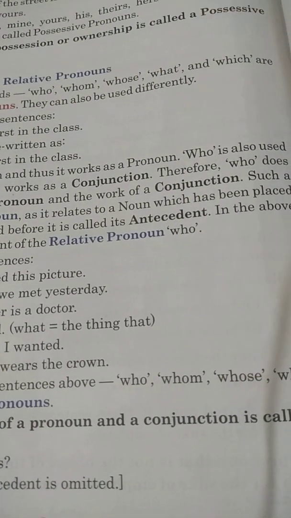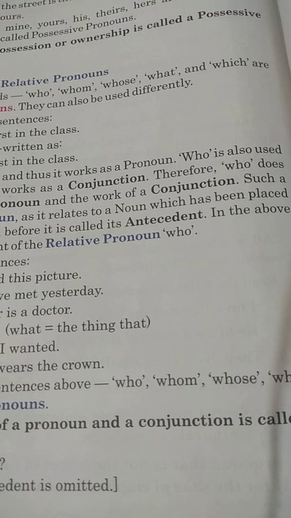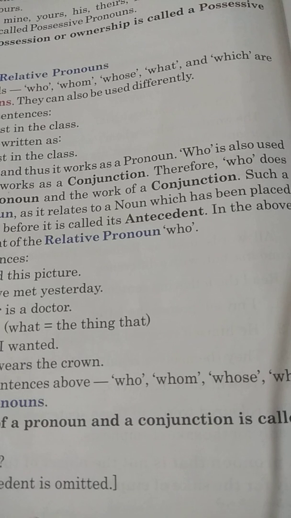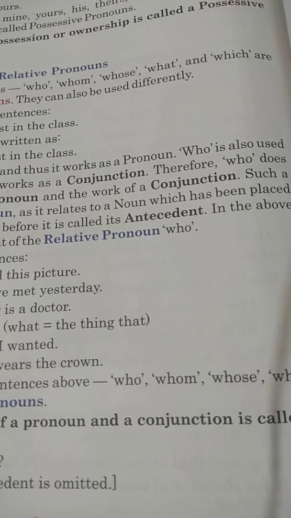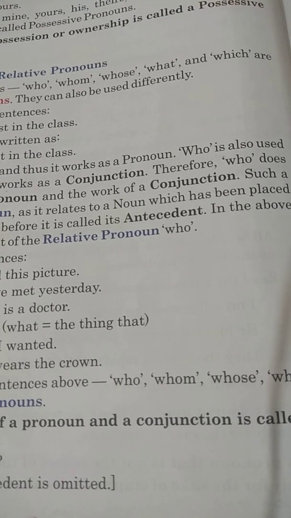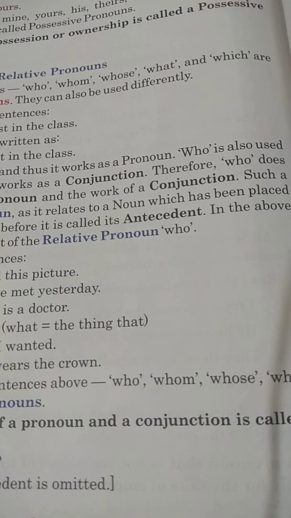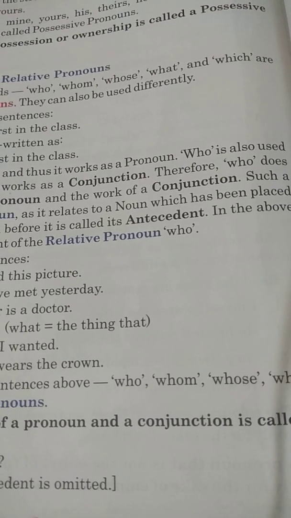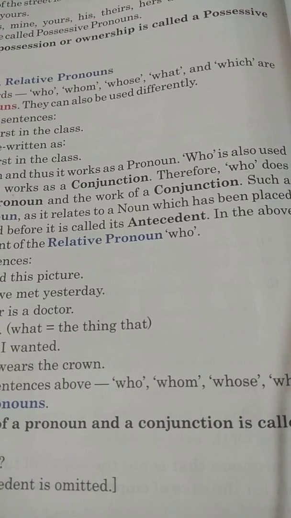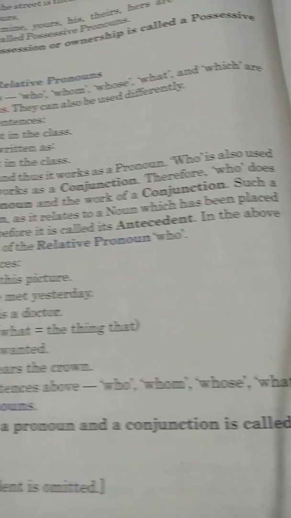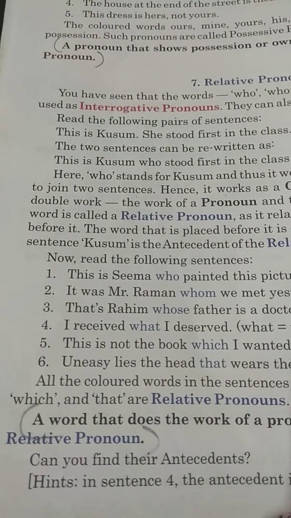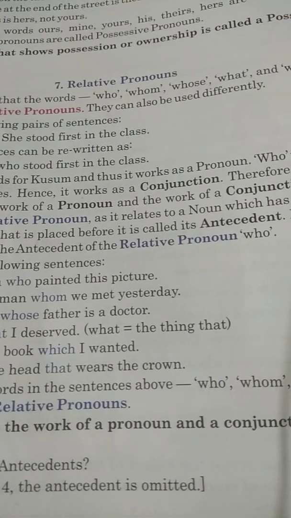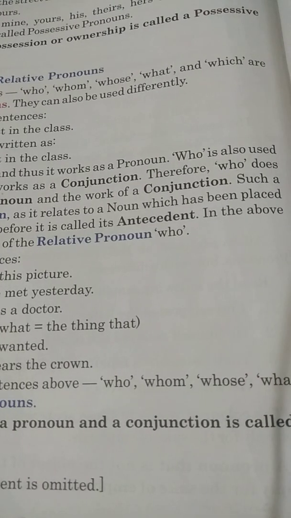So we know, what is a conjunction? A word used to connect clauses or sentences or to coordinate words in the same clause. For example, and, but, if. So they are conjunctions. Therefore, who does double work, the work of a pronoun and the work of a conjunction.